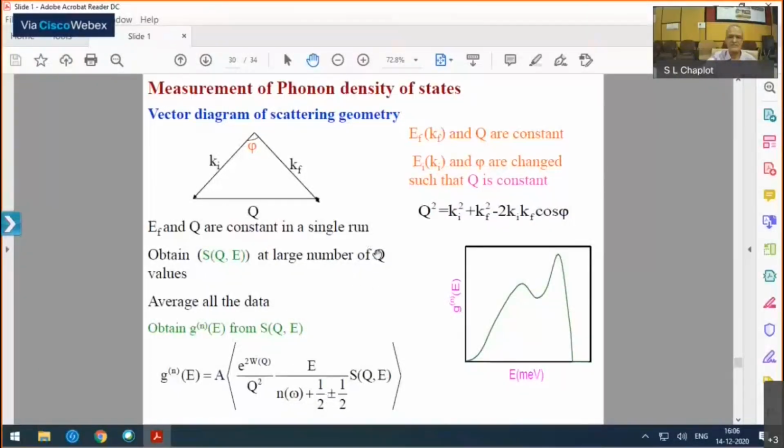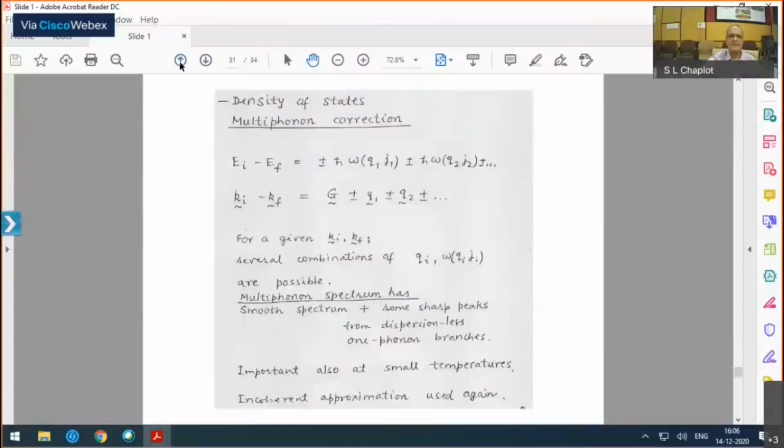In each scan, similar to what we said in the case of a single crystal, we can keep the final energy fixed, for example, and vary only the incident energy and keep the wave vector q constant, and so on. So if you scan as a function of energy, you will get a function which is like the density of states with this kind of analysis.